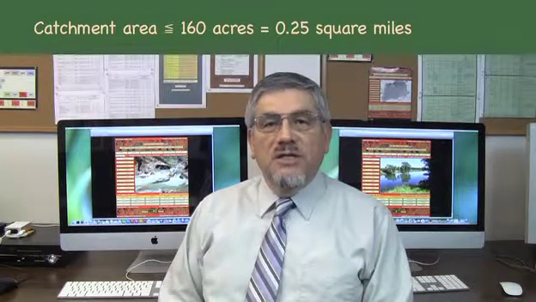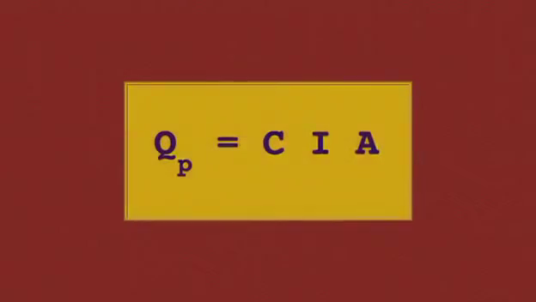Some counties place the upper limit of applicability of the rational method as little as 160 acres, that is, 0.25 square miles. The rational formula is Q_P = C I A, where Q_P is the peak discharge, C is the runoff coefficient, varying between 0 and 1, I, rainfall intensity, and A, catchment area.